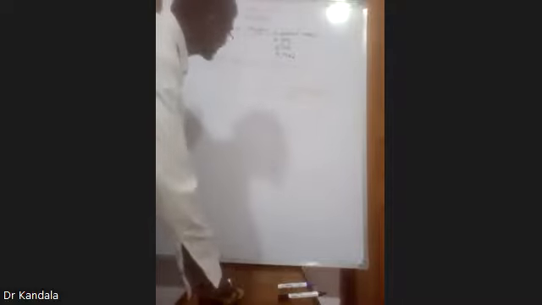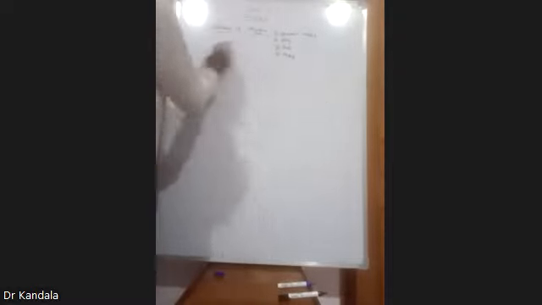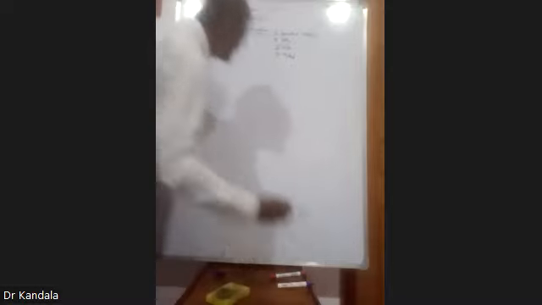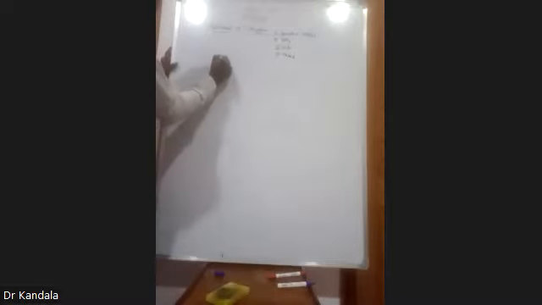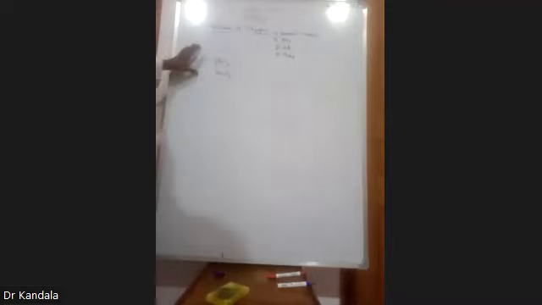Next, dioxides. What are dioxides? For example, lead dioxide, manganese dioxide. They look like peroxides, but they are not peroxides. They have to be called dioxides: lead dioxide, manganese dioxide.